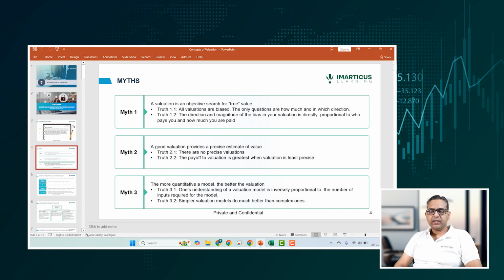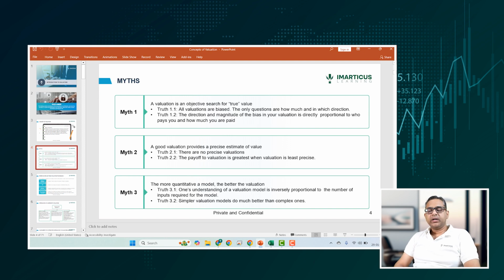The first myth is that valuation is an objective search for true value, which is not the case. All valuations are biased. The only questions are how much and in which direction. The direction and magnitude of the bias in your valuation is directly proportional to who pays you and how much you are paid.